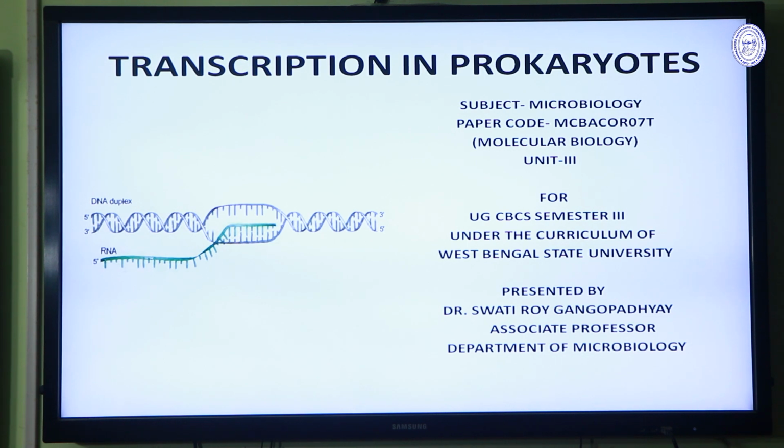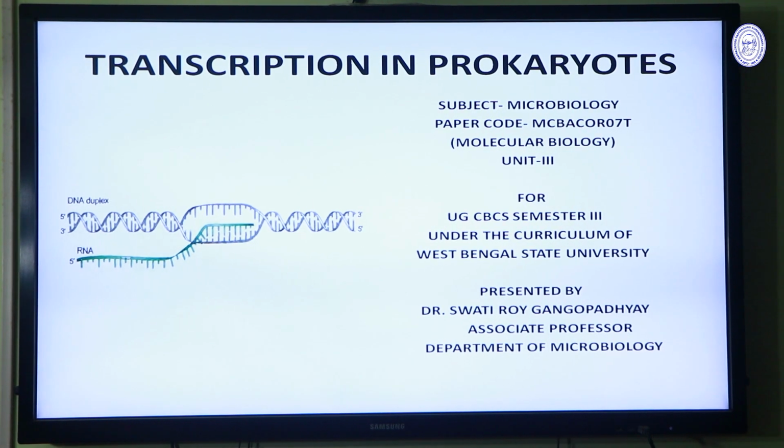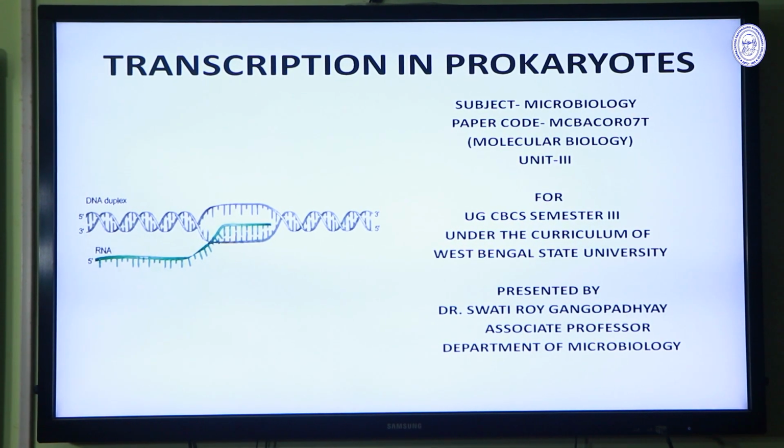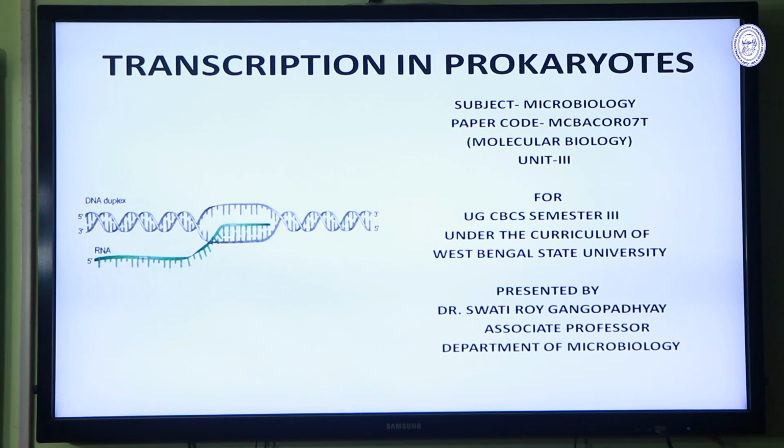Transcription is the process of synthesis of an RNA chain from a segment of DNA or gene. The transcription process is initiated by the enzyme RNA polymerase that initiates the formation of a phosphodiester bond between the two incoming ribonucleotide triphosphates.